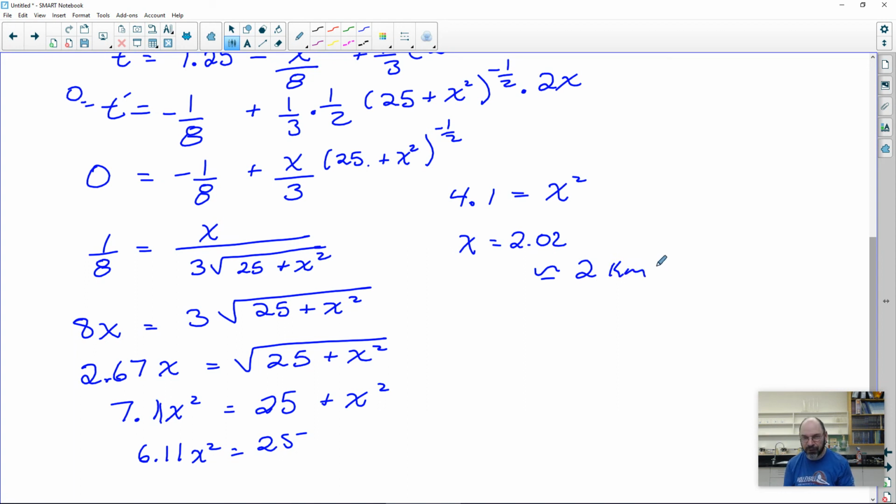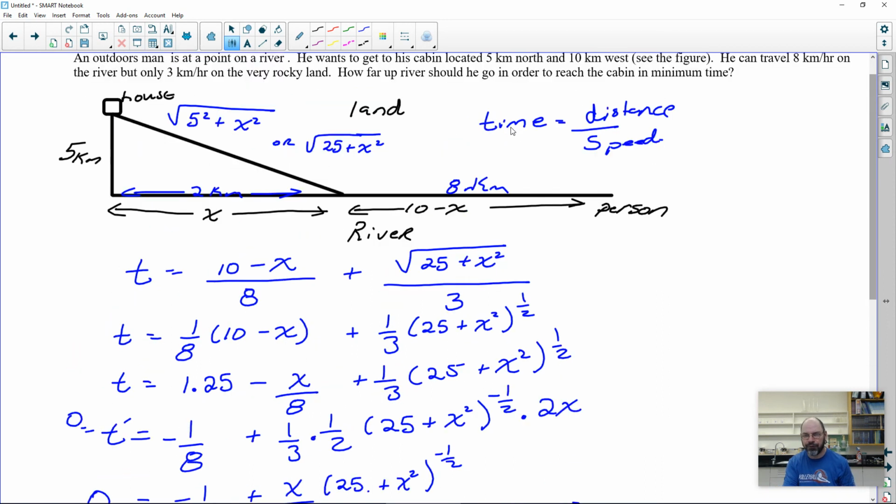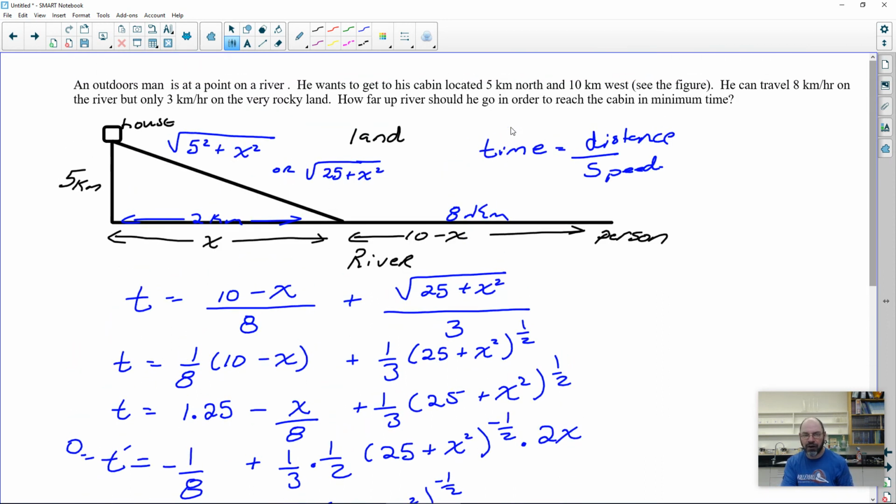So if we go back to our diagram now, this is 2 kilometers, and this is 8 kilometers. So the question asked us, how far up the river should he go in order to reach the cabin in minimum time?